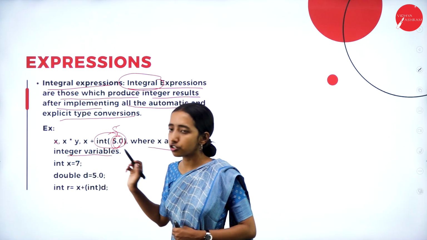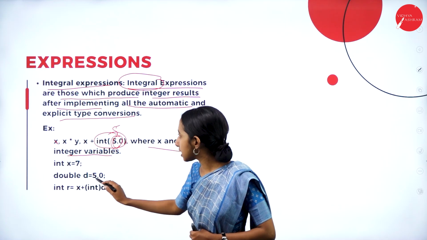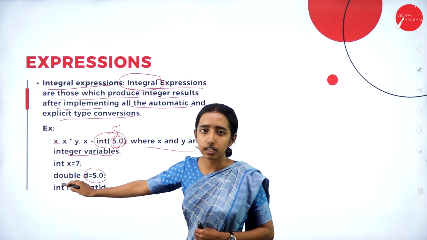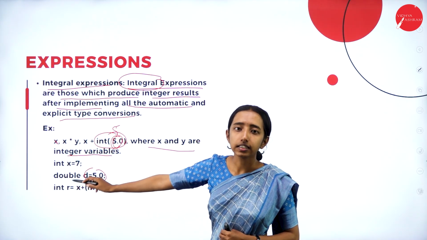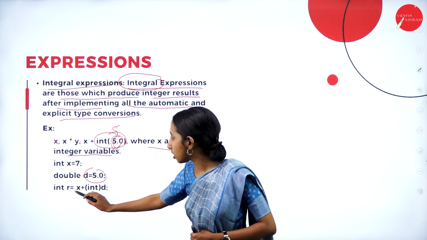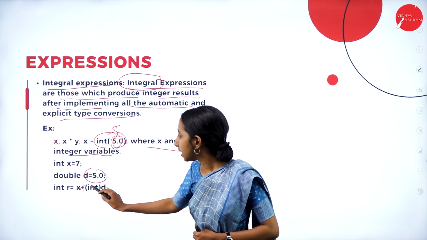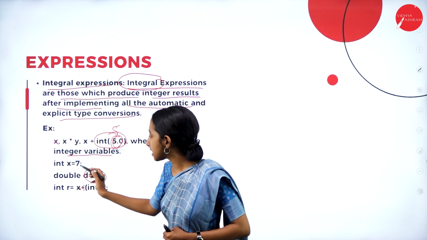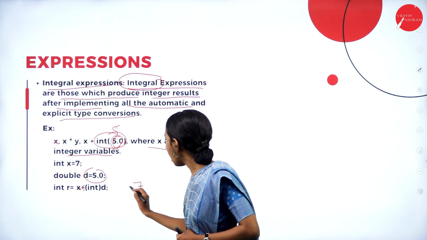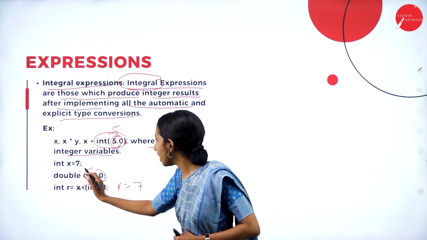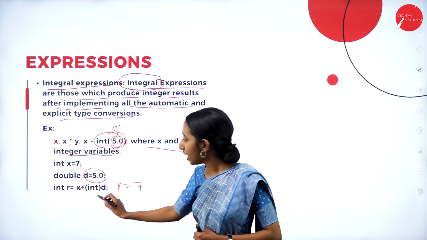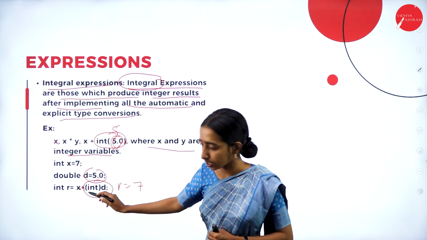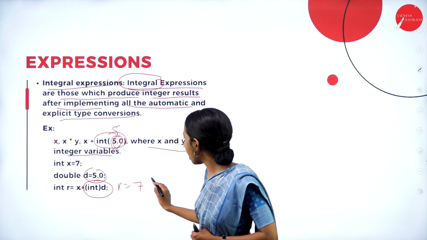Int x is equal to 7. Double D is equal to 5.0. Why is it in a point? We are using the data type double. Int R is equal to x plus int of D. So what output can we see here? x is 7, and I am typecasting the double into the data type int, so this 5.0 becomes 5.